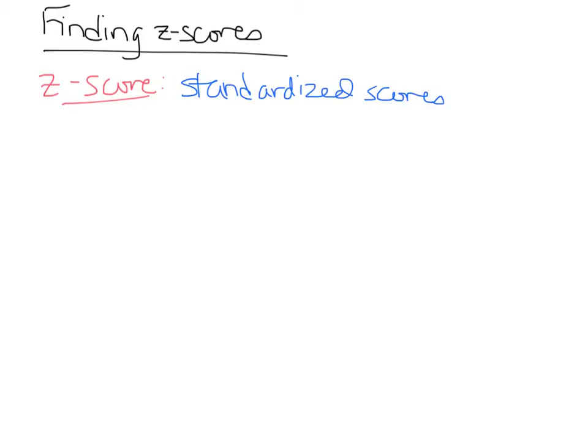So the z-score formula is important. You're actually going to have to memorize it. And I'm going to give you the formula, then I'll explain what it is. So it's going to be x minus x bar over s.